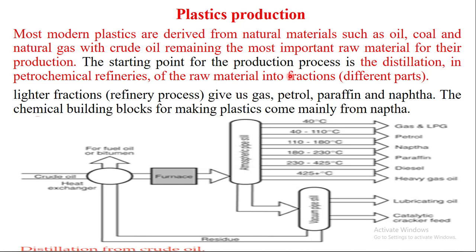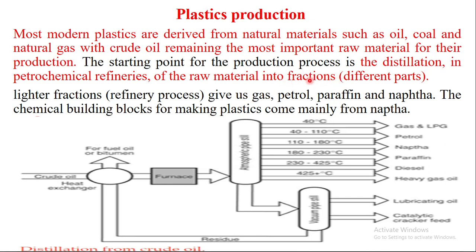So in plastic production, the first phase is known as the distillation phase. In petrochemical refineries, the raw materials are separated into fractions, meaning different parts.